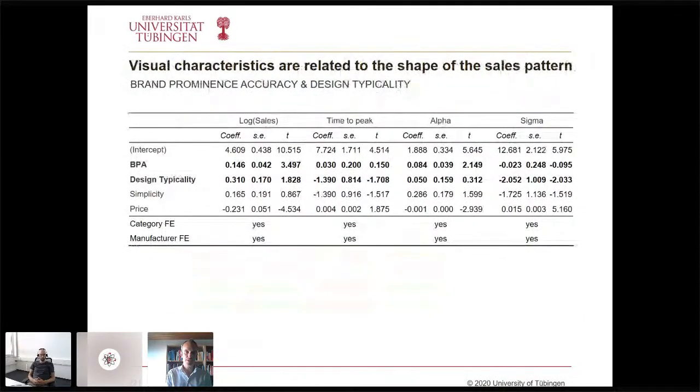But I would again point to these regressions, where we control for the brand, and above and beyond that, we see that the ability to explain the sales volume depends on the brand prominence. In other words, above and beyond the brand fixed effect, we still have meaningful variation in the brand prominence.